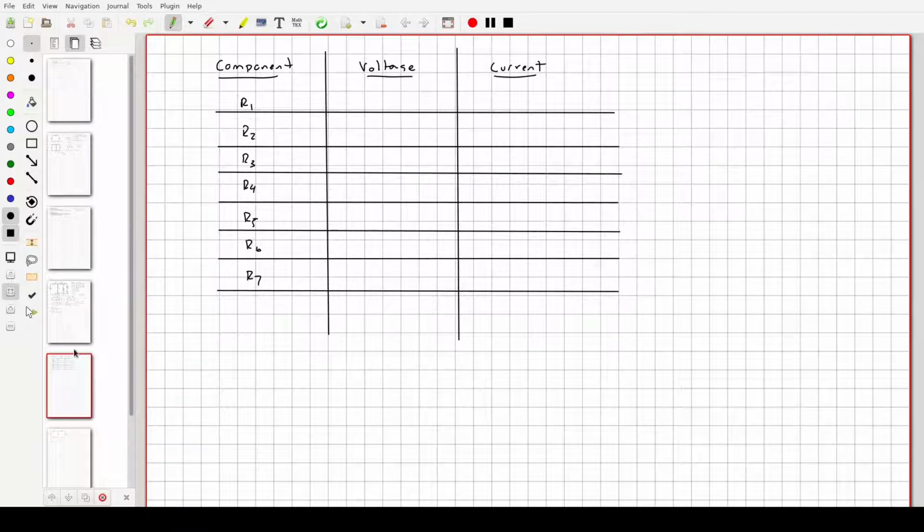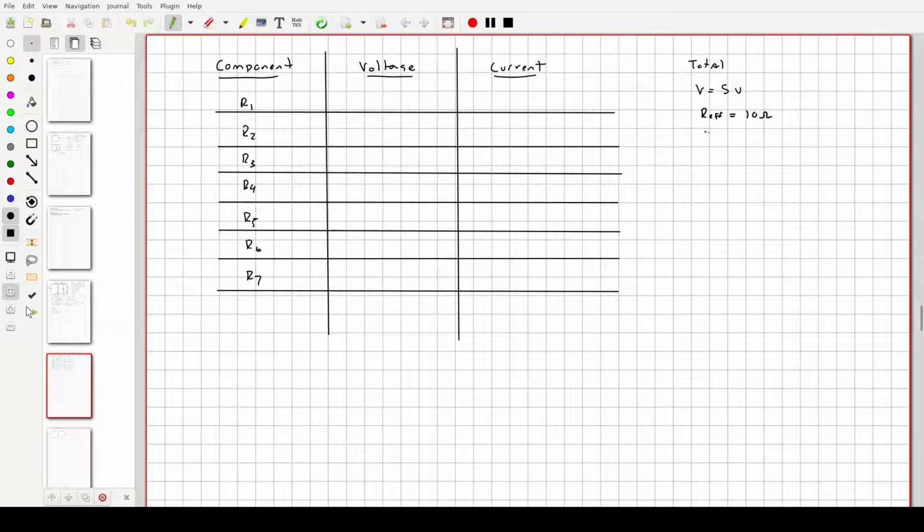So what we found here, and I'll just for brevity put total here. We have 5 volts at the source. We have an R effective of 10 ohms, and we have a total current of half an ampere.